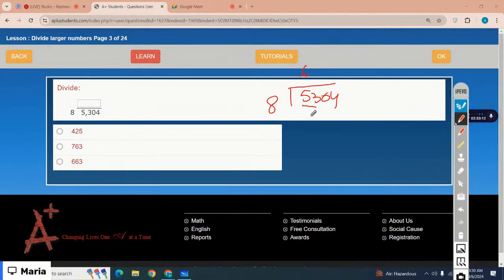That is 8 times 6 is 48. So 53 minus 48 is 5. You need to bring the 0 down.